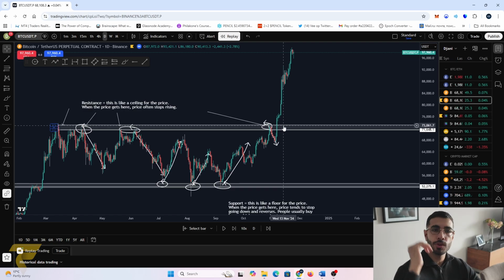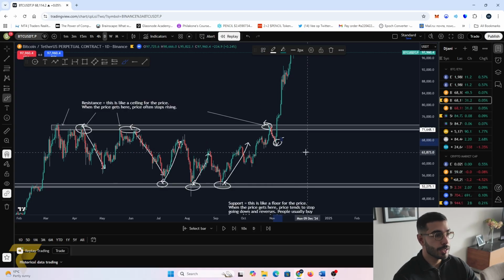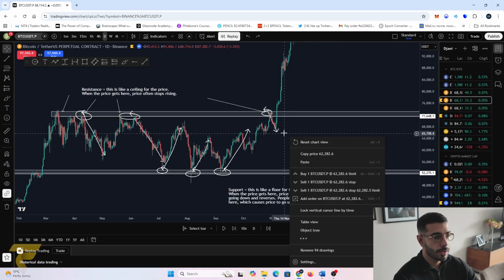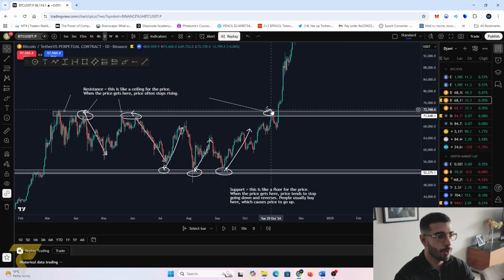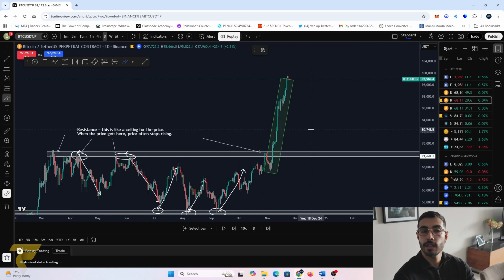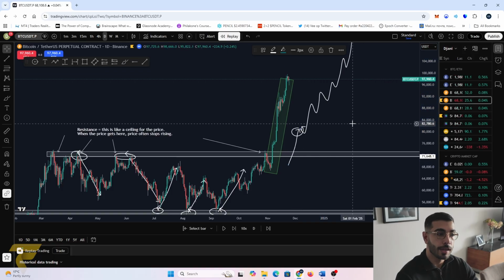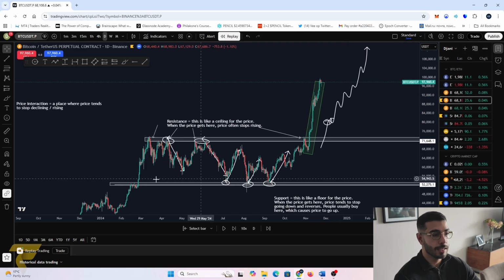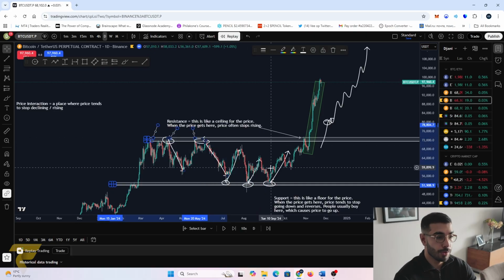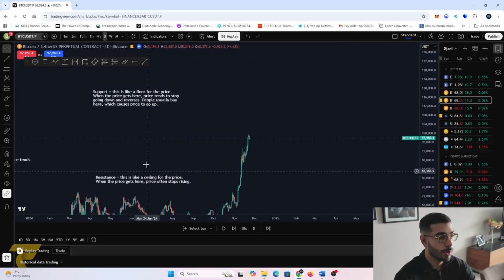Whether it goes up or down, that's up to the market to decide, of course. That's not in our control. But in this case, price, as you can see here, let me just get rid of this real quick. In this case, price broke through the resistance, and then you just keep on pumping to higher levels and higher prices. So this is a perfect example where resistance and support is beautifully displayed.